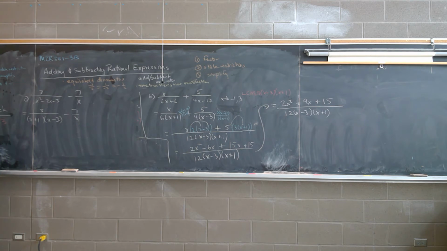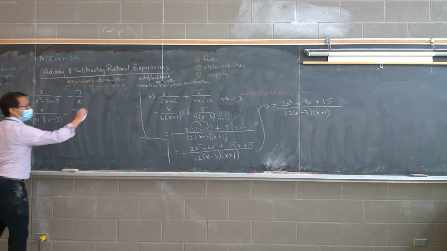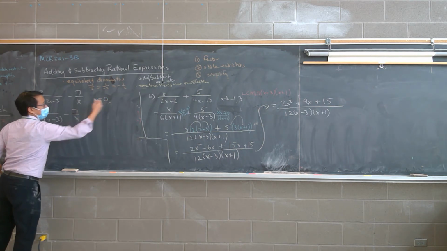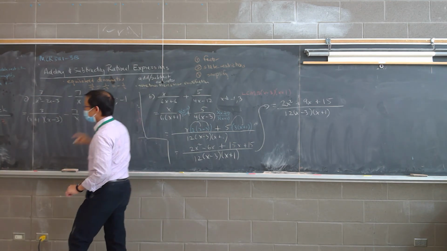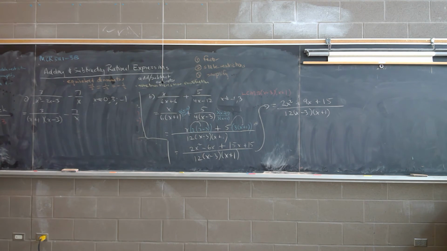Sure, Todd? X cannot equal 0, 3, or negative 1. Nicely said. Anyone disagree from the class? She looked at that one, that's the 0 part, that's the 3 part, and that's the negative 1. It has to be easy for these, right? Here's the hard question. Does it matter what order?